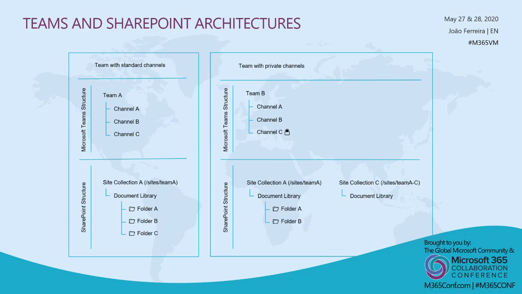On SharePoint, they have limited functionalities, but each private channel has its own site collection, and that is represented here. So standard channels A and B have the corresponding folders, and then the private channel C has its own document library. All right, so moving on to the next.